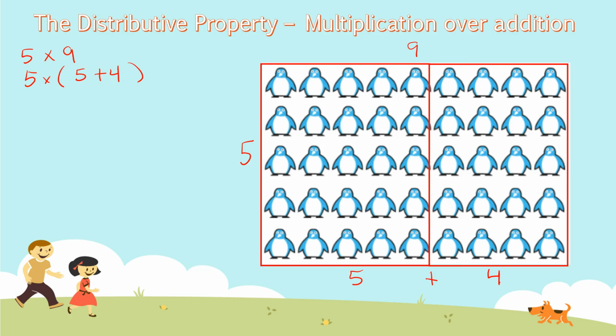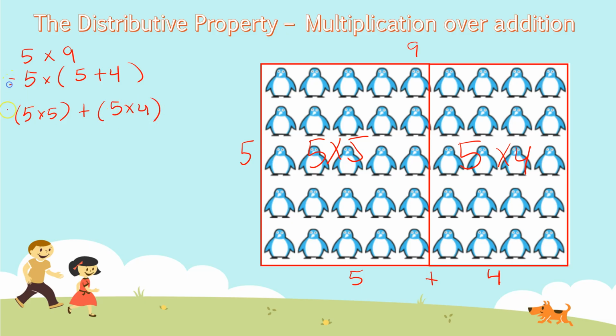4. Okay, and to count this, first I would say 5 by 5, and that gives me 25. And then I would say now I have a 5 by 4, and that will give me 20. So this is equal to 5 times 5 plus 5 times 4.